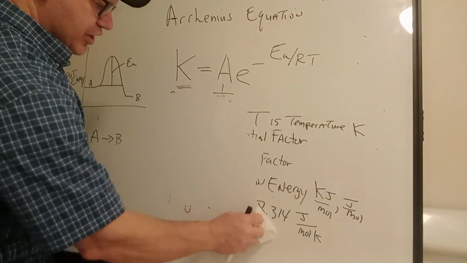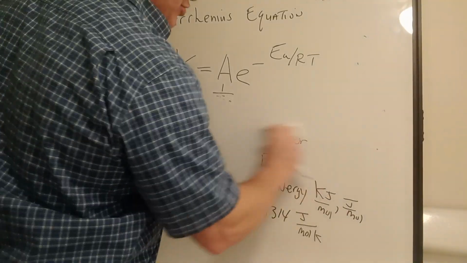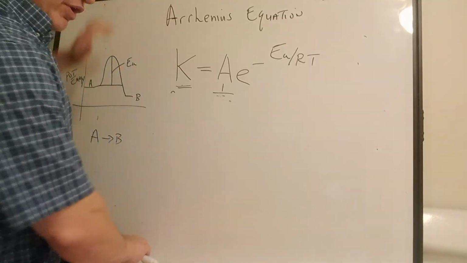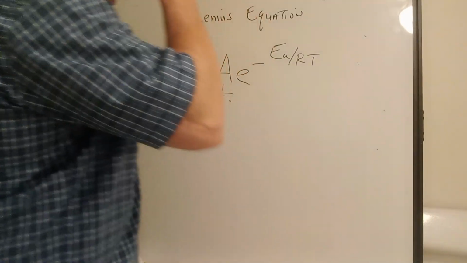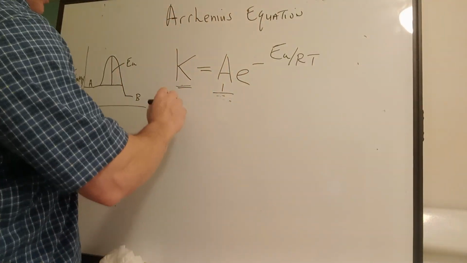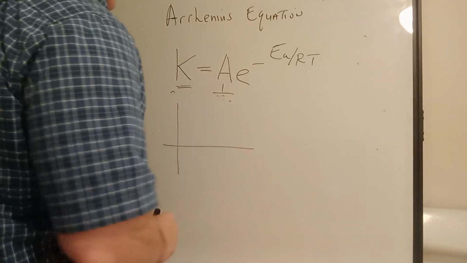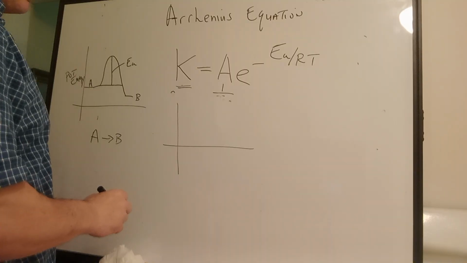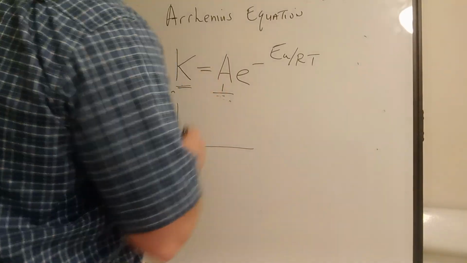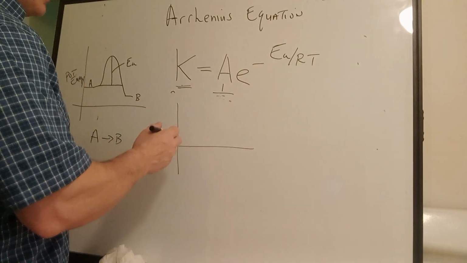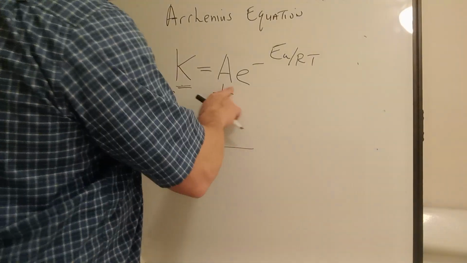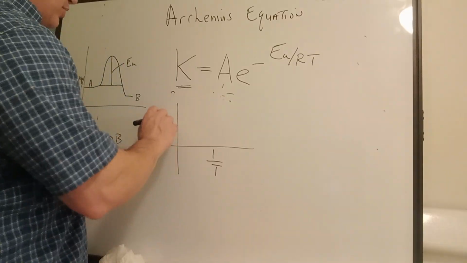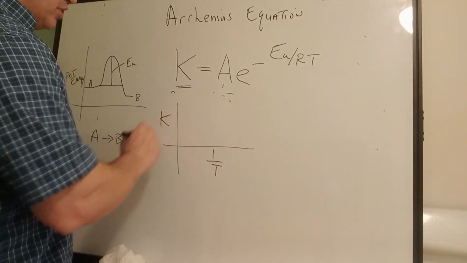All of this is in the notes at approximately page 13 of the unworked out note set, so you can read over it in some detail. Let's just think about this mathematically a little bit without just looking at what's going on here. In this equation, in the form it's in, it's going to have an exponential form. So if I plot something like 1 over T versus k, usually we're not going to plot it like that, but you could.